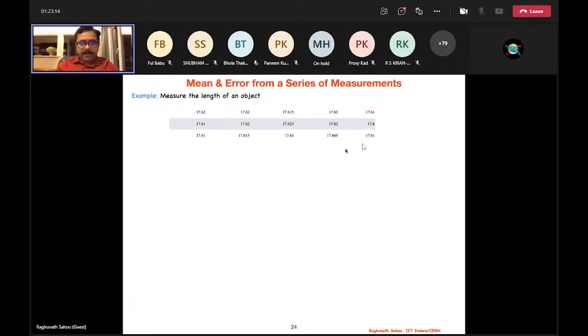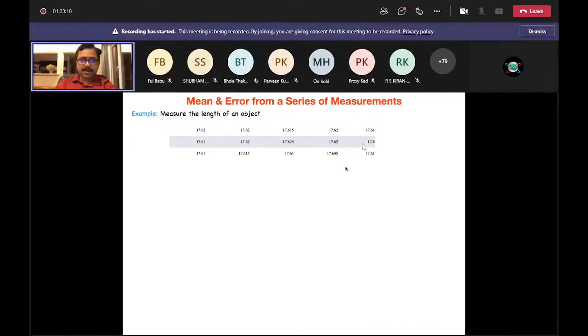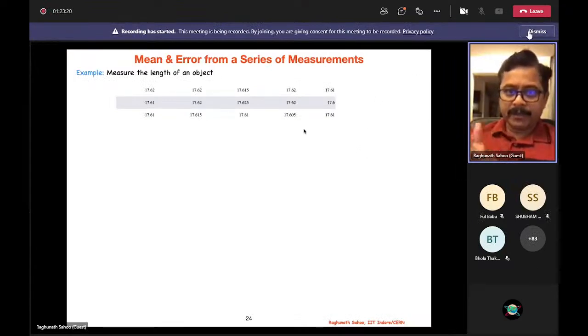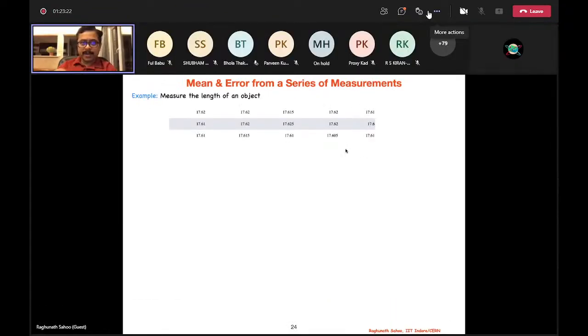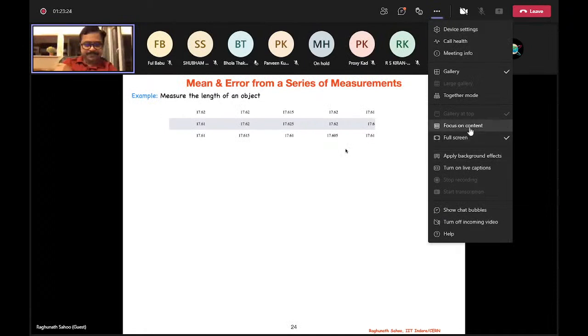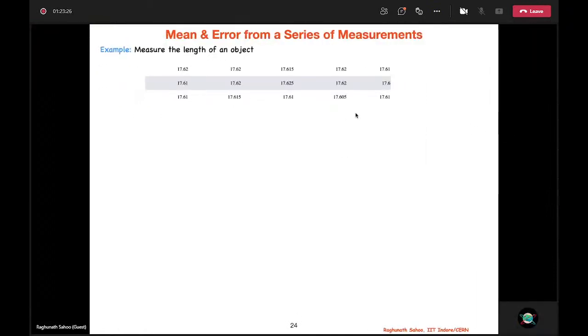Yesterday I left here and thought of not discussing this particular example and migrating to more on error propagation, but for completeness, let me brush up quickly. For example, you have a finite sample of measurement. I have measured the length of an object.